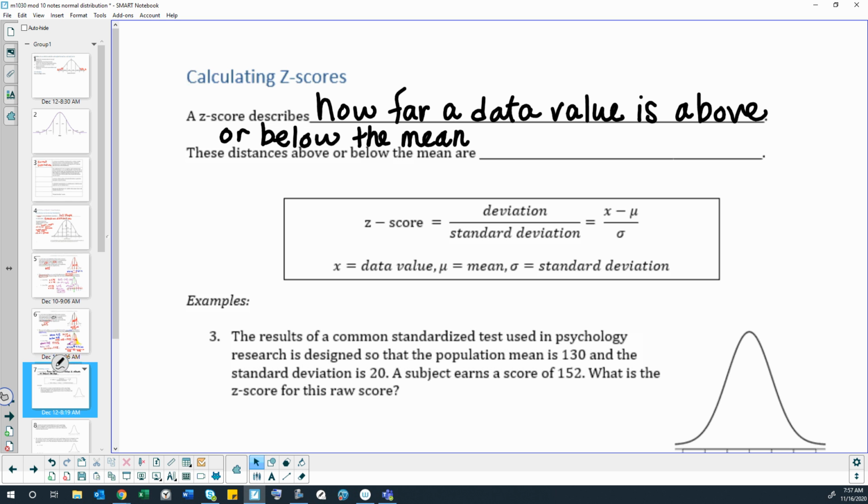And the mean is the average, of course. Okay? So a z-score describes how far a data value is above or below the mean of the data, the average of the data. Okay, these distances above and below the mean are basically just standard deviations.